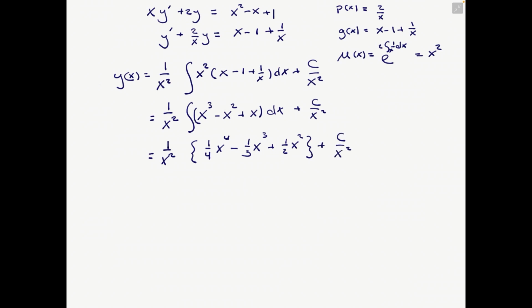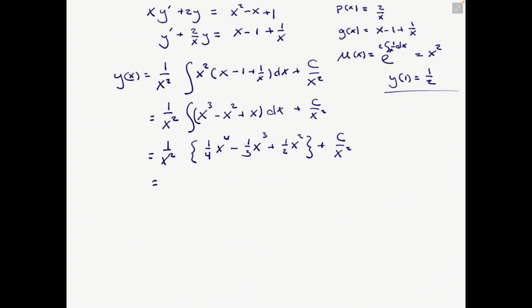Plus c on x squared. This is an initial value problem, okay? They did give y of 1 equals 1/2. So we're going to have to solve for that to get an explicit solution for c.